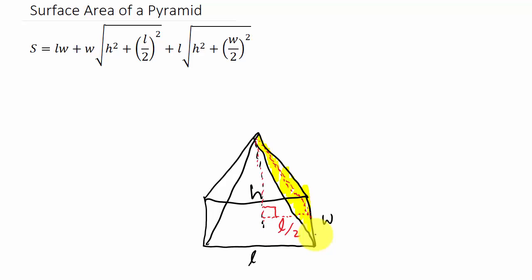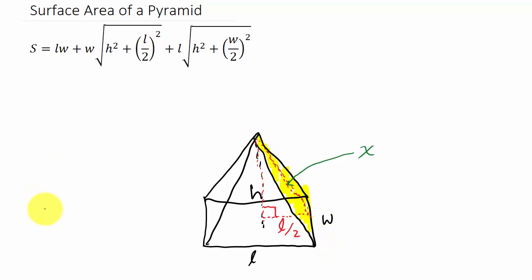Let's call this height right here, the height of this triangle, x, because we already have h representing the height of the pyramid, so I don't want to label it h. We can call it anything. Let's find the area of this triangle.